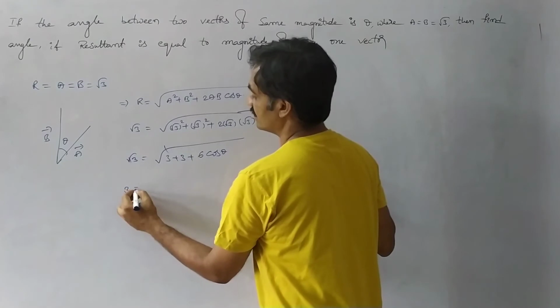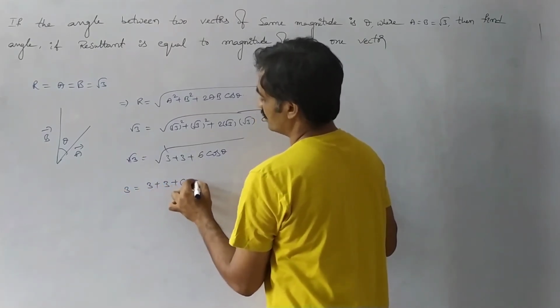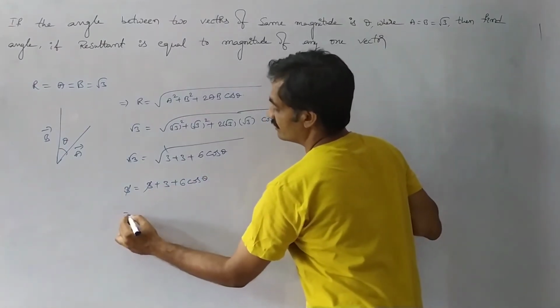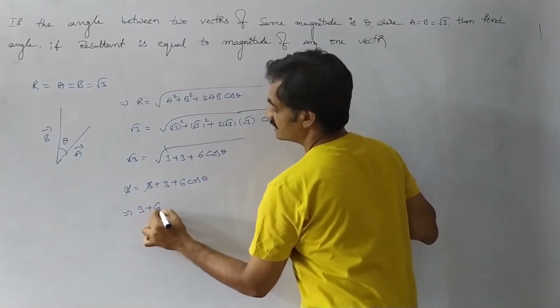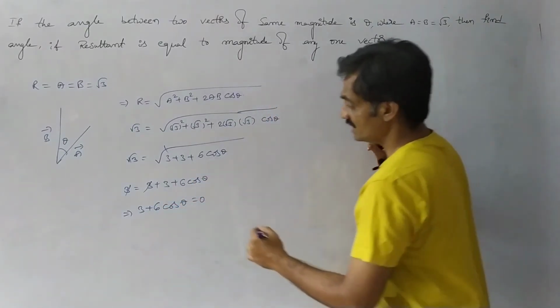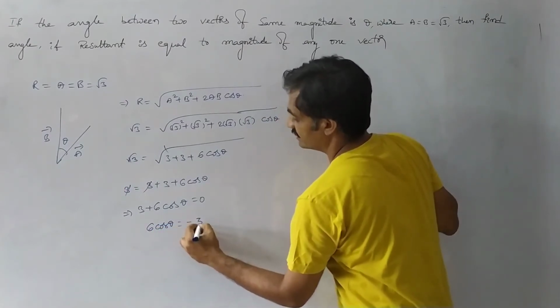So we have 3 = 3 + 6 cos theta. Here observe that 3 and 3 get cancelled. Then we have 3 + 6 cos theta = 0, so 6 cos theta = -3.